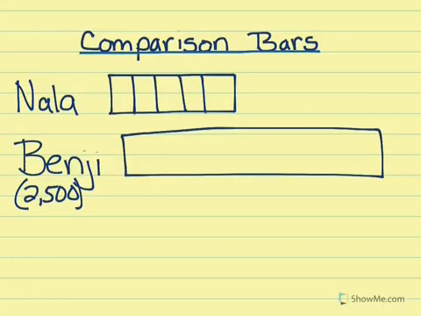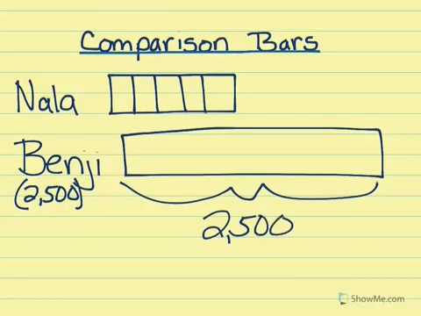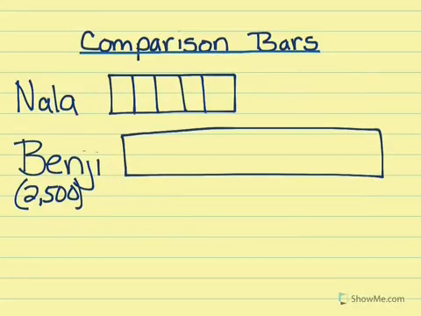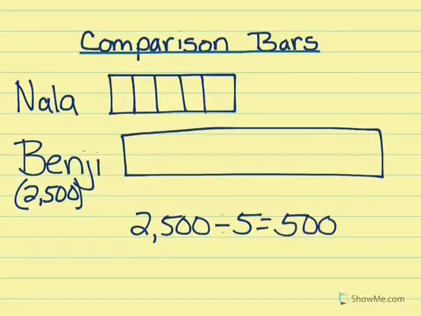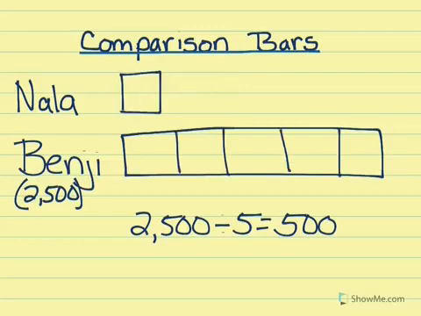So if this whole thing is 2,500, and to go from here to here, I'm multiplying by 5. So again, I can use division to solve this. So I know each of Nala's sections. Hold on.